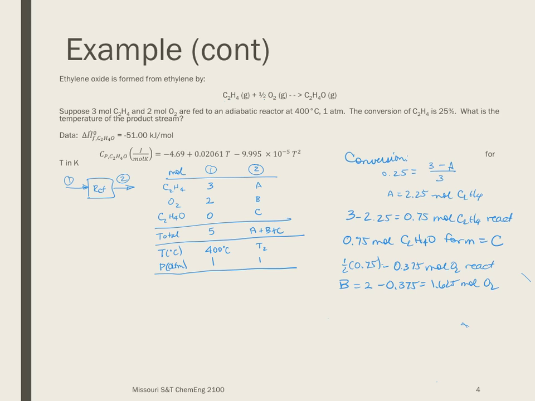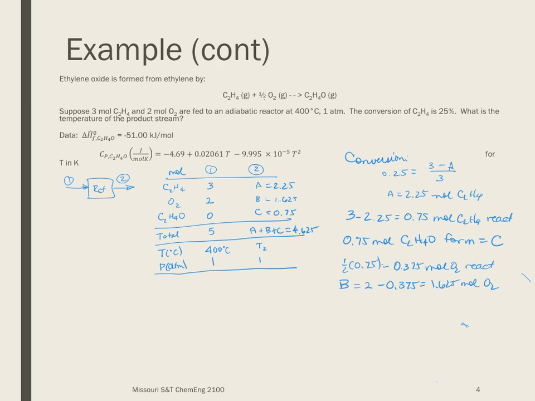So A, 2.25, B, 1.625, C, 0.75, and the total is going to be 4.625 moles coming out.